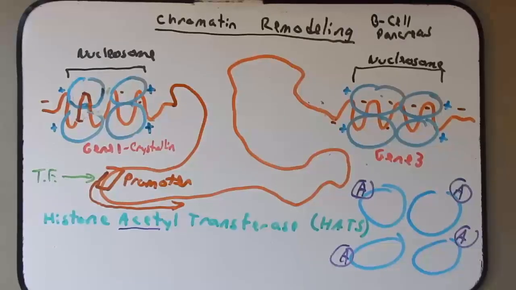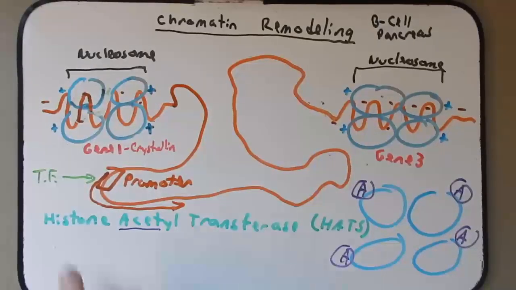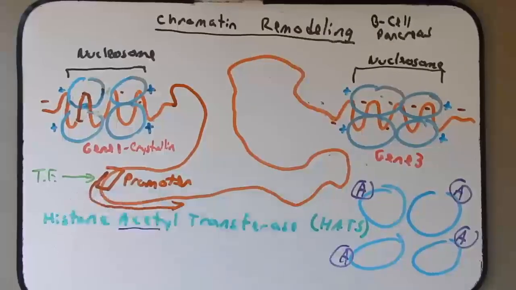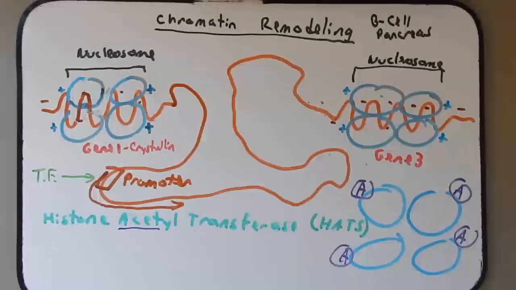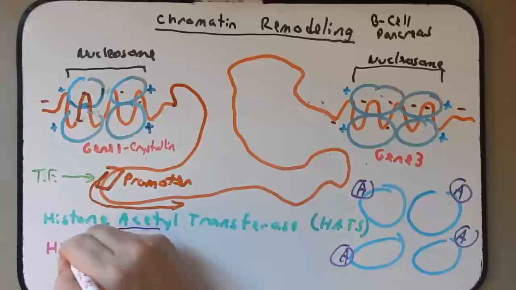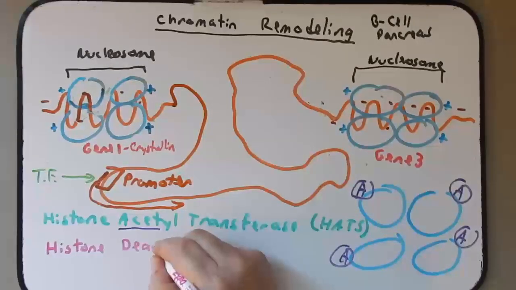Okay, now, presumably you don't want to make insulin all the time, even if you are a beta pancreatic cell, or if you happen to be talking about a cell that is not a pancreas cell. But let's say we're still in the pancreas, and we want to turn this gene off. That's when another protein comes along. And this other protein is called histone deacetylase.